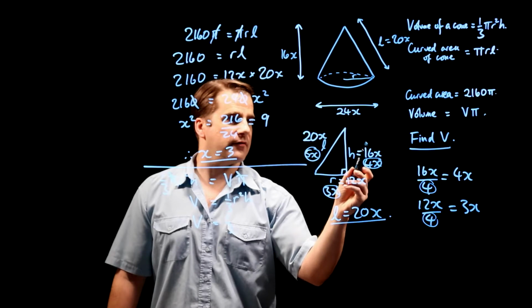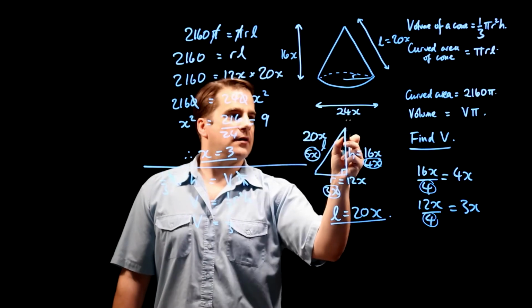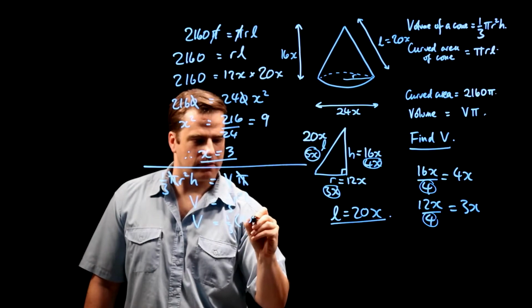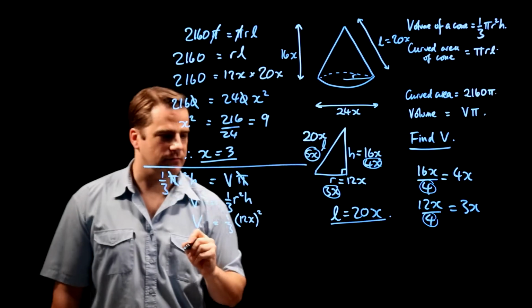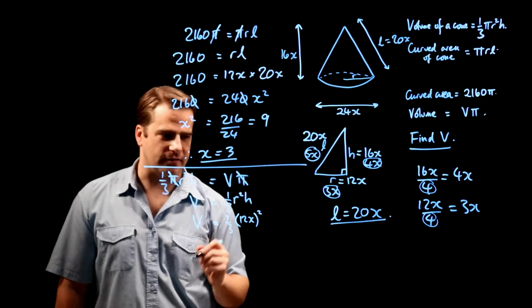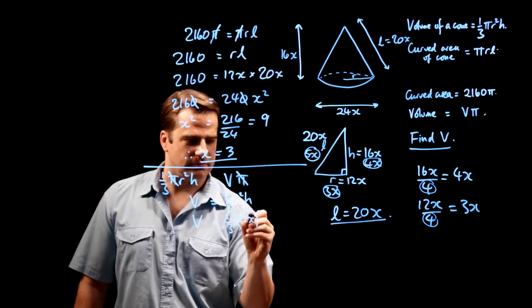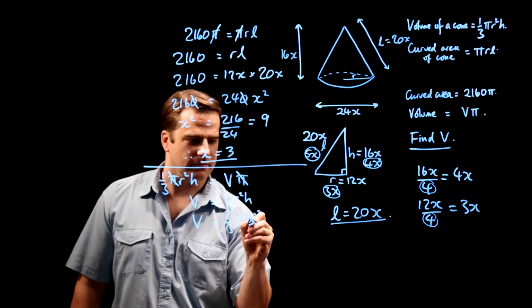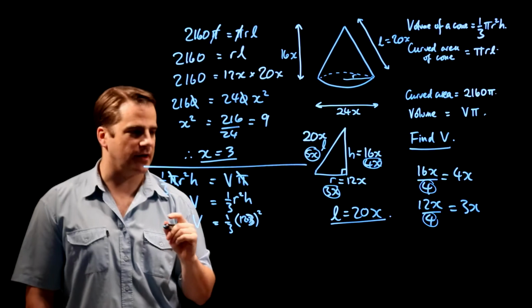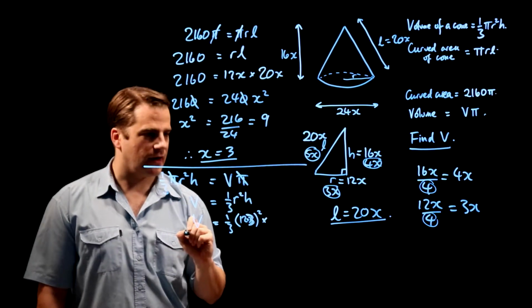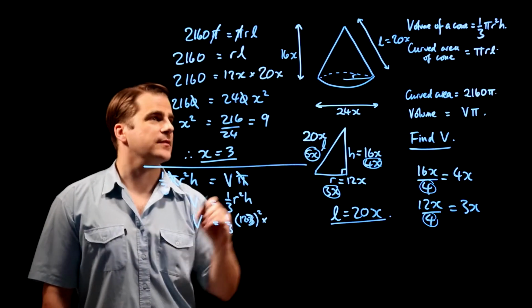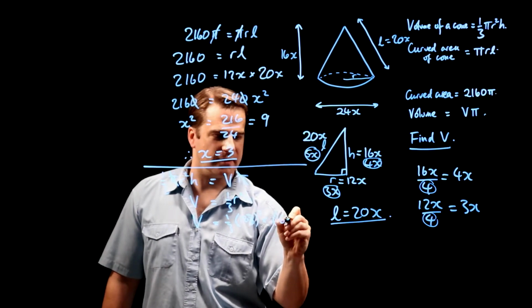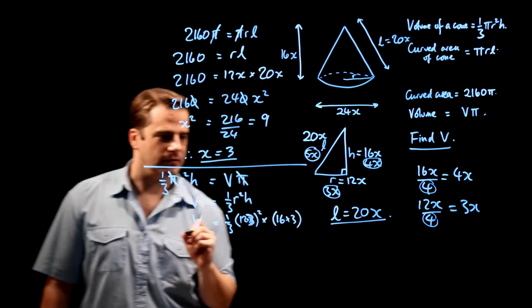Radius is 12x, half of 24x, so that's 12x squared. But x is 3, so 12 times 3, so 36 squared, times h, which is 16x. But x is 3, so 16 times 3.